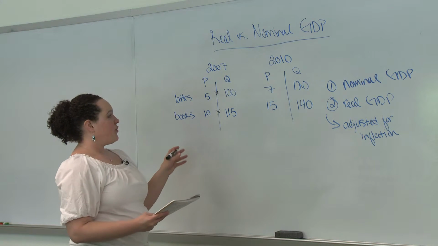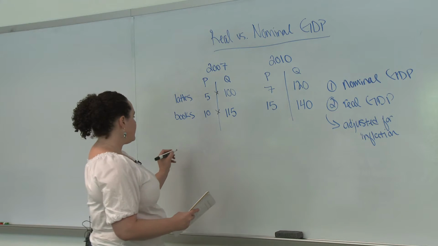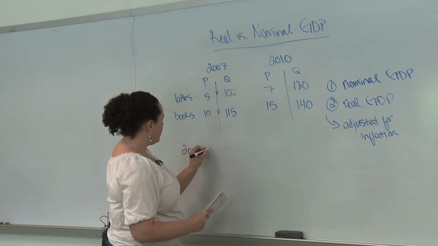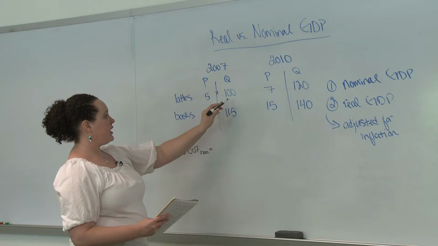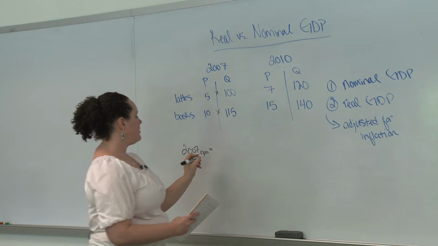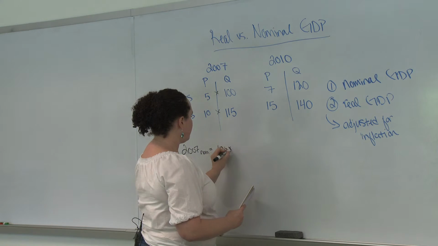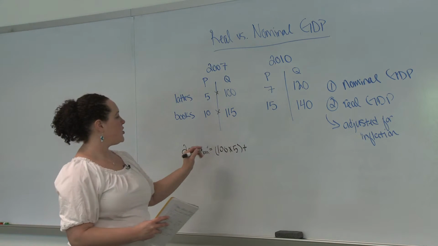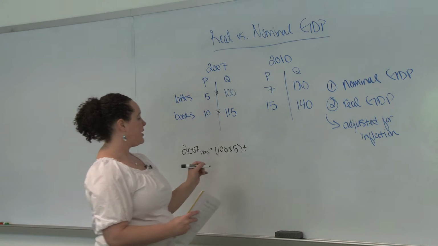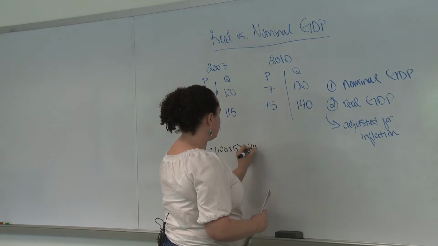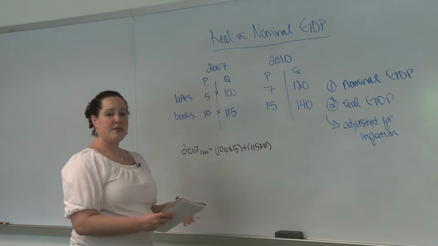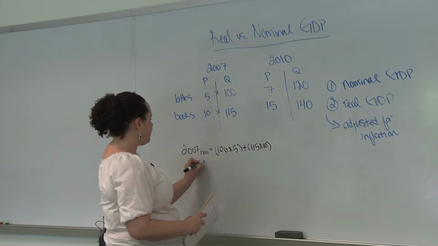So if we were asked for the nominal GDP of 2007, we would just multiply quantity of lattes times price of lattes, and then add that to quantity of books times price of books. And we would get our nominal GDP in 2007 to be $16.50.